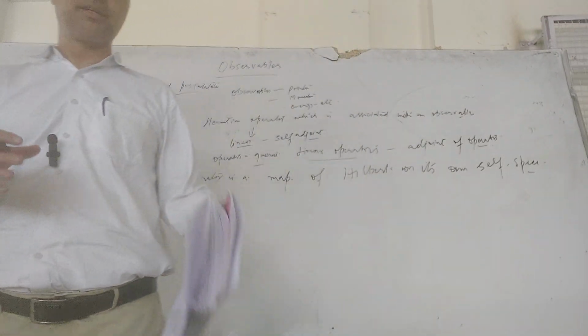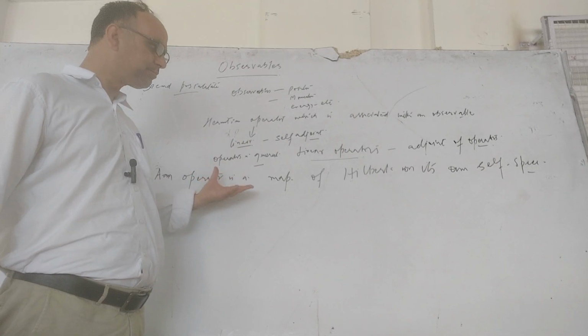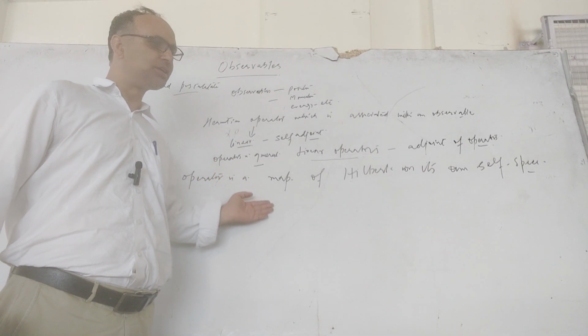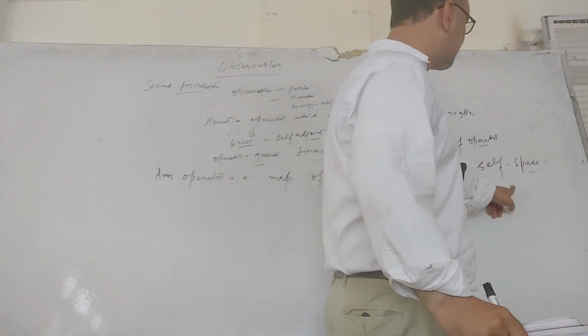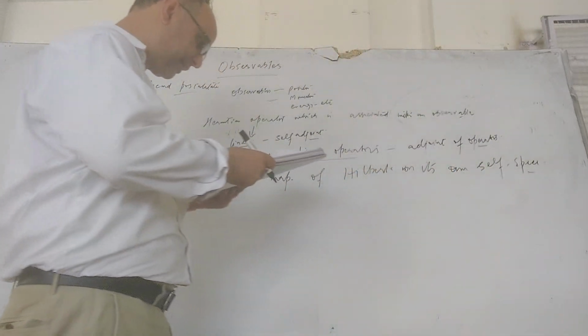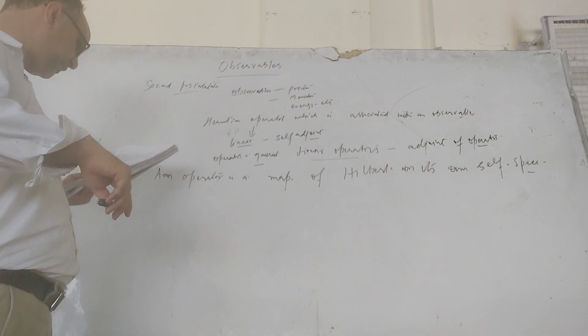If you operate on a given function that is part of Hilbert space, it is related to some other part of Hilbert space. You can say it's a mapping of Hilbert space on itself.